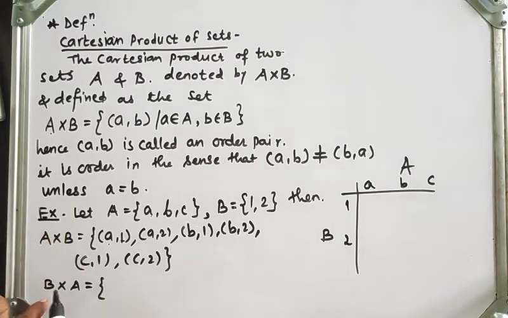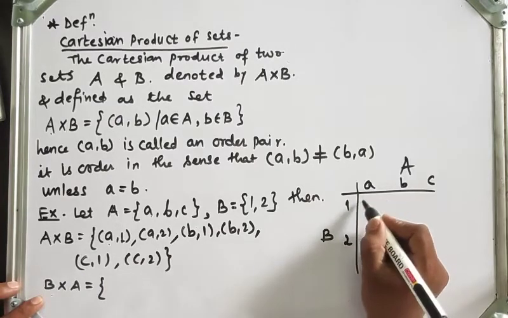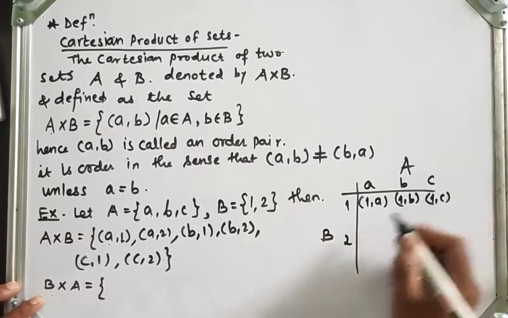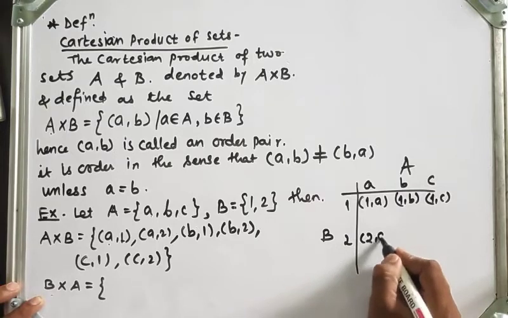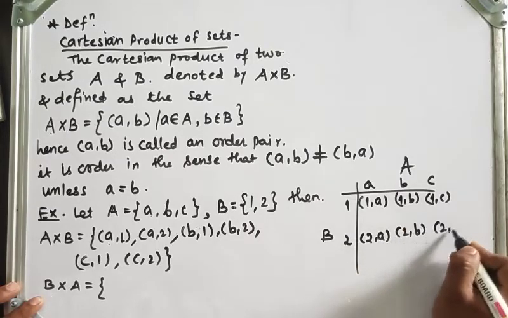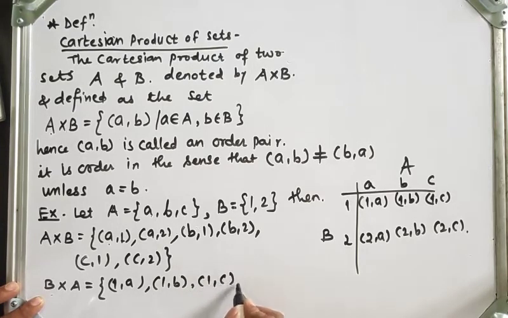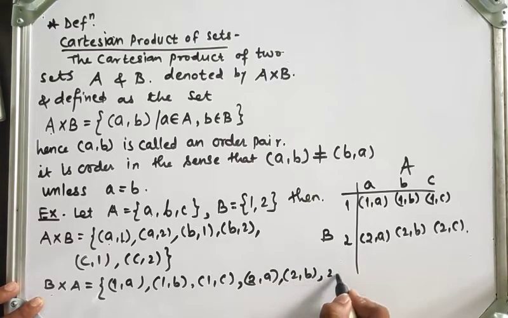Therefore B cross A means every element from set B is in the first place of the ordered pair, and every element from set A is in the second place. So we write 1A, 1B and 1C. Next, 2A, 2B and 2C.